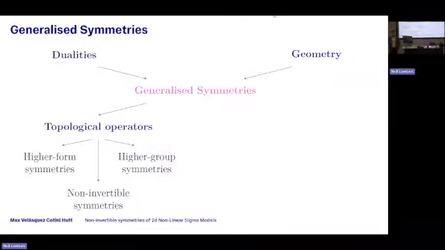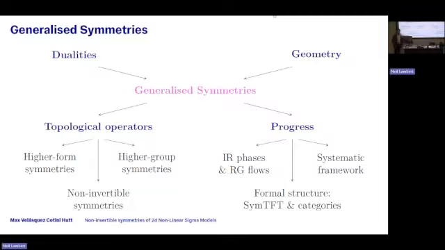In particular, you can have both local operators and extended operators charged under these, which give rise to the so-called higher form symmetries. But you can also have operators of different dimensions with some sort of interaction, which you might call a higher group. And then the slightly more exotic ones, which are called non-invertibles or categorical symmetries, that I'll discuss more today.